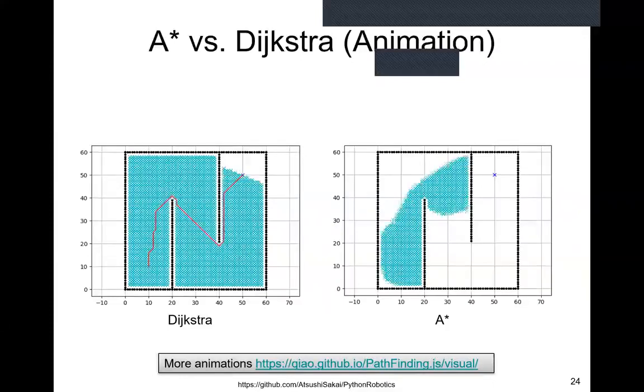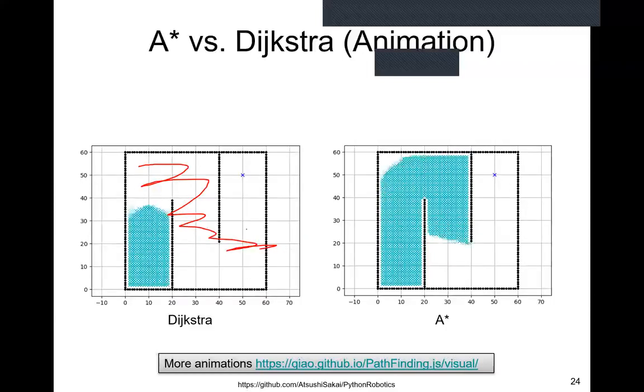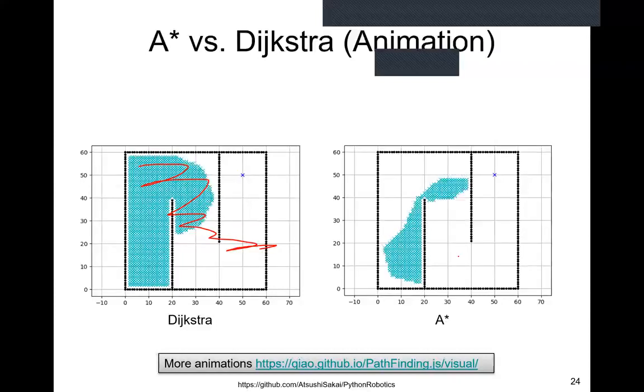Finally, Dijkstra finishes after exploring almost all the area. Because it's an undirected search, it's not aware of where the goal is. Whereas A star is a directed search, so it's trying to reach for the goal.